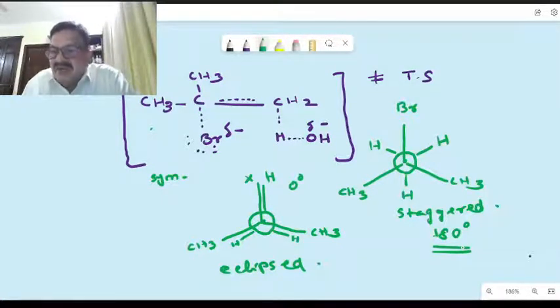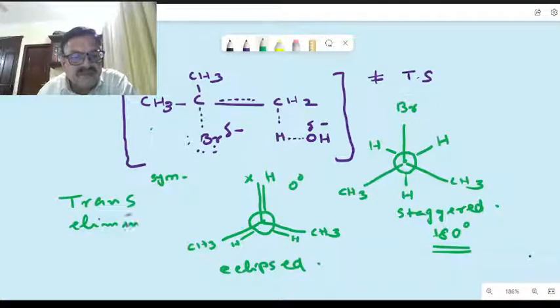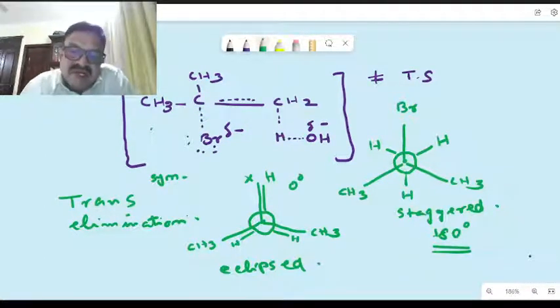Now for an E2 elimination, it occurs most often in the anti-periplanar geometry. Most important point here, that is called trans elimination. So E2 elimination occurs most often in the anti-periplanar geometry, known as trans elimination.